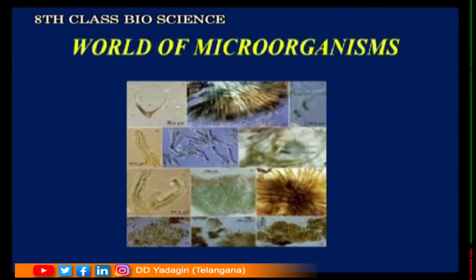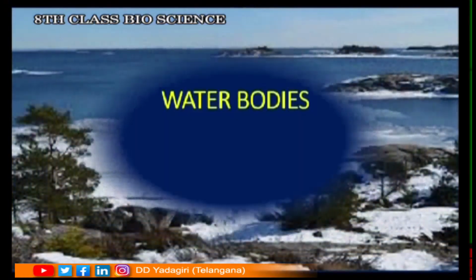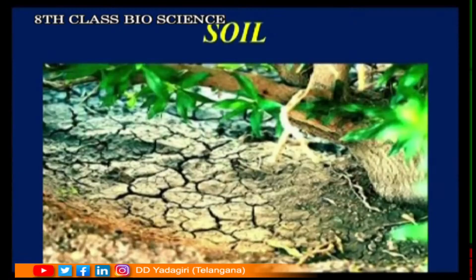Around us we cannot see, but there are so many microorganisms. Microorganisms are so minute that they are found everywhere. They are so small. They are found in the water bodies. In the water they can survive. They are found in the soil.